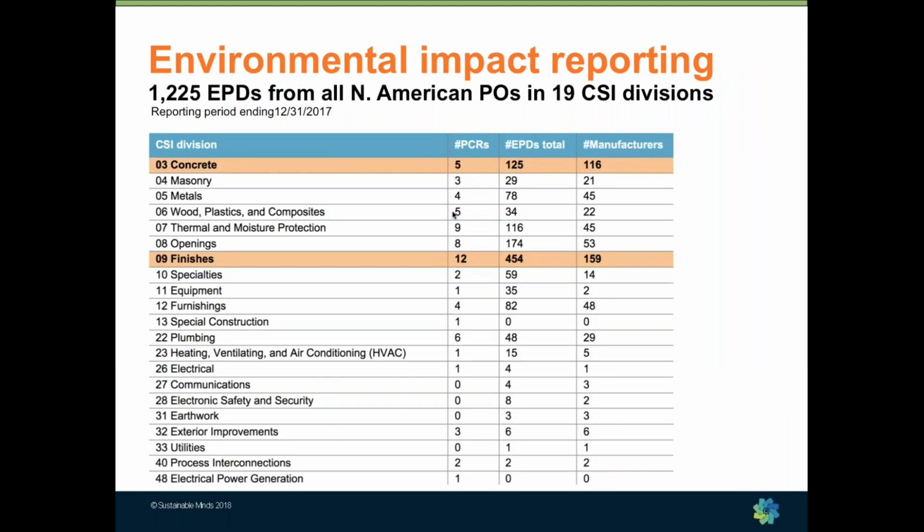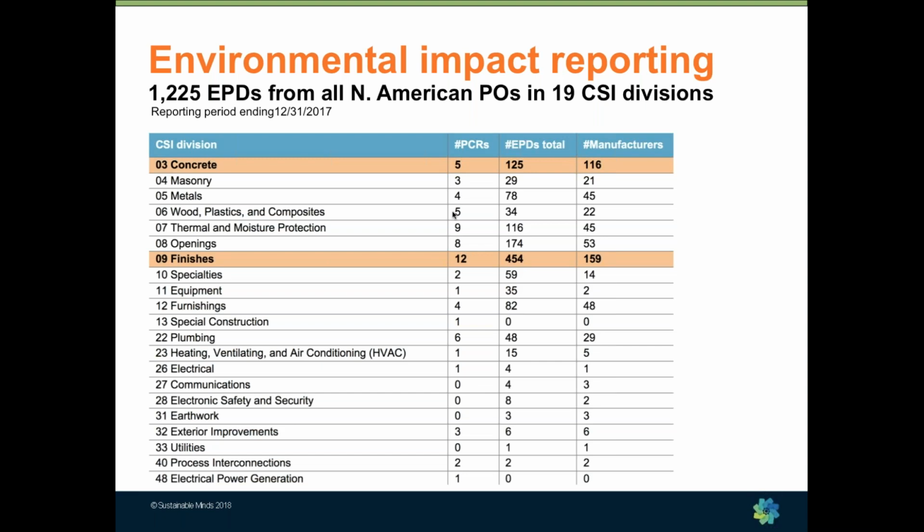Now, we act as industry analysts, essentially. We track the industry, every program operator, every material ingredient rating system and disclosure program. Every month, we add to the transparency catalog every manufacturer who's done something. Again, because we want the industry to see there are many manufacturers across many CSI MasterFormat divisions who have invested in transparency.